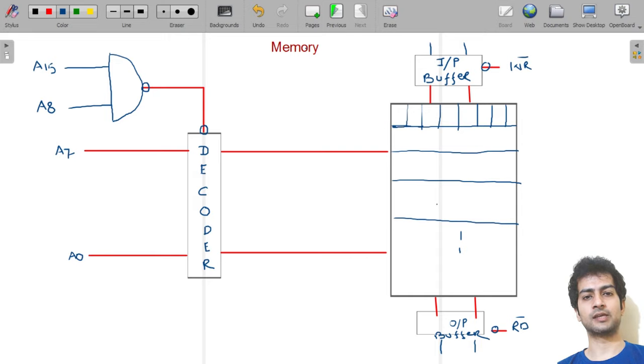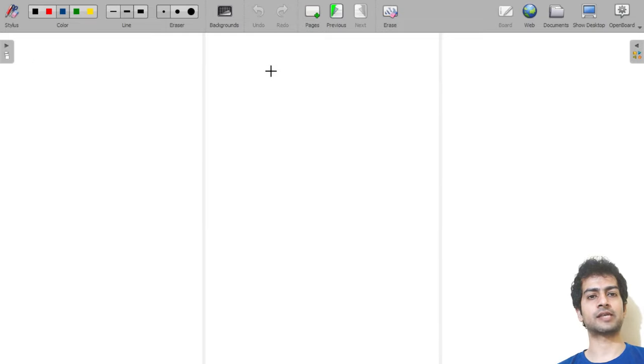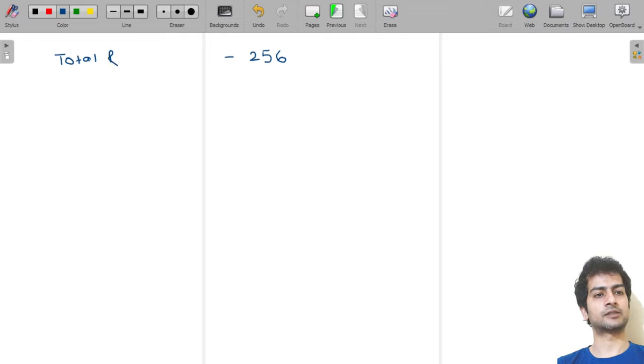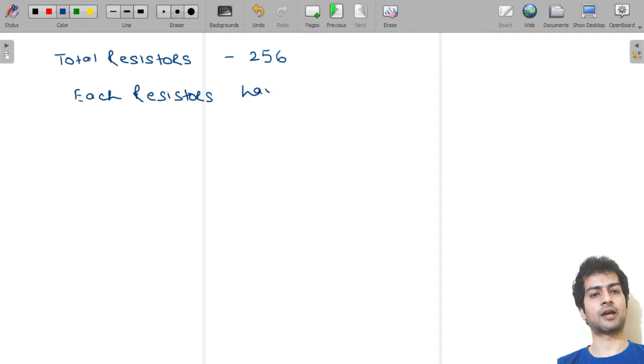Suppose total registers in a memory is 256, and each register has 8 flip-flops.